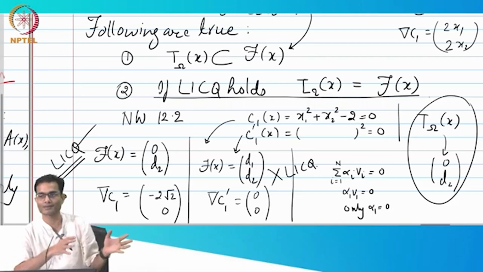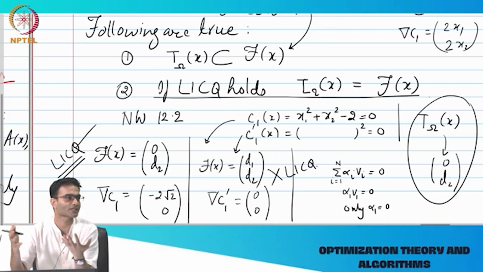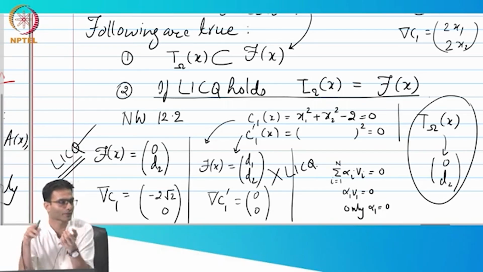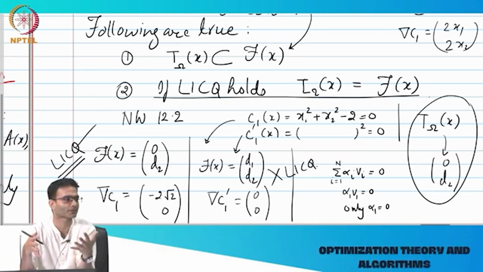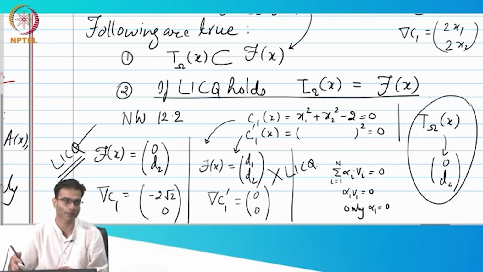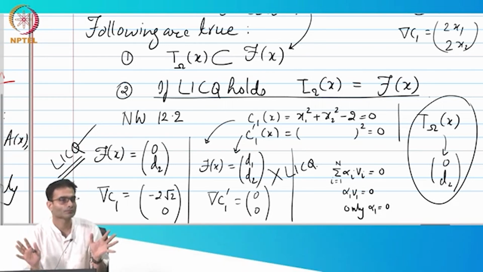Whereas if I know that the tangent cone is equal to the linearized feasible set, to get the linearized feasible set, I just need half spaces, right? I mean, grad C1 transpose d equal to 0, greater than or equal to 0, whatever. So it's relatively easier for me to come up with a direction. So in most cases, that is the easier thing to work with rather than tangent cones. Okay, but the thing that will not fail you is the tangent cone, right?